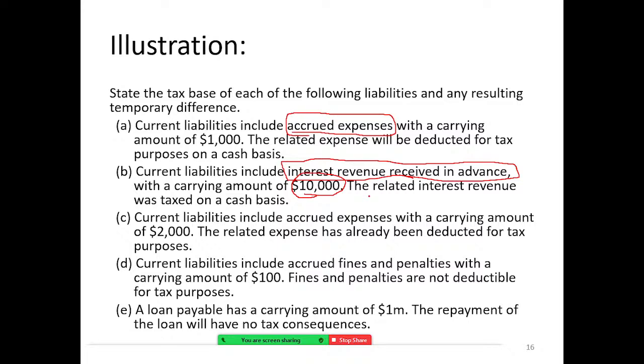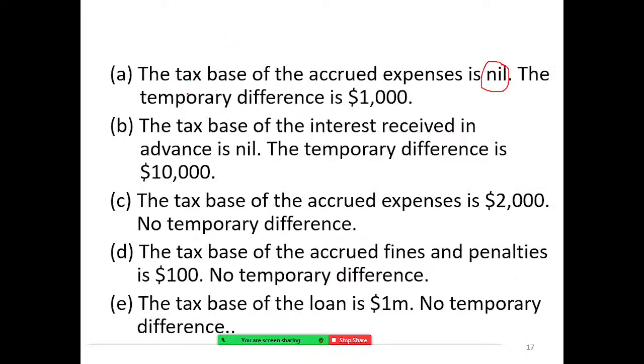Here the rule of thumb is, the tax base equals how much? 0. The rule of thumb is 0 here. And third one, here you can find the tax base of the interest received in advance is nil. The temporary difference is 10,000, right?